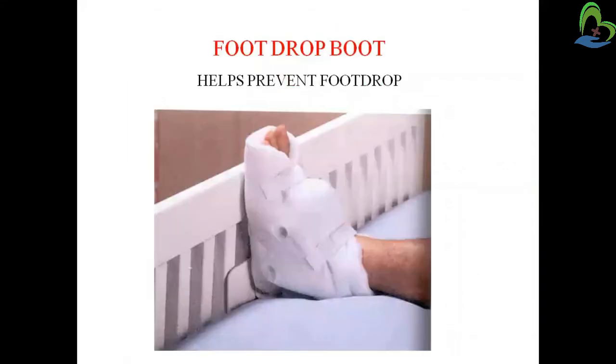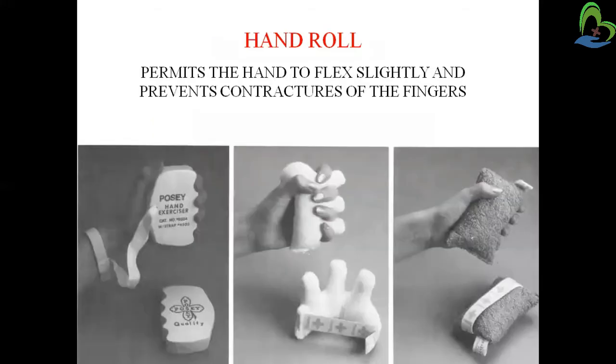Next is the foot drop boot. It maintains the body alignment of the foot, so the patient can rest their foot in the boot. It helps to prevent foot drop. This is the basic meaning and use of the foot drop boot. Next is the hand roll.